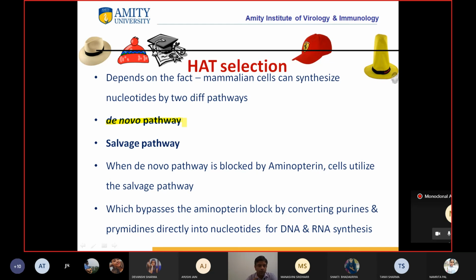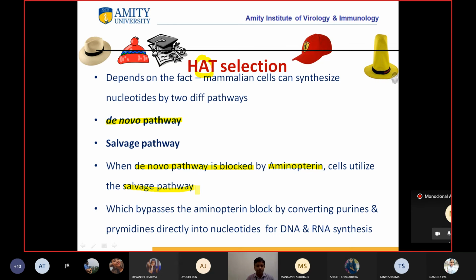Now, in HAT, one of the components is aminopterin, and what aminopterin does is it blocks the de novo pathway. So in that condition, what will the cells do? For survival, they will use the second pathway. The cells will now utilize the salvage pathway.